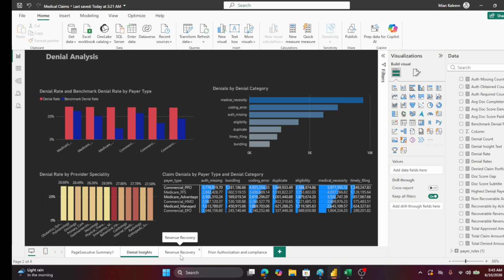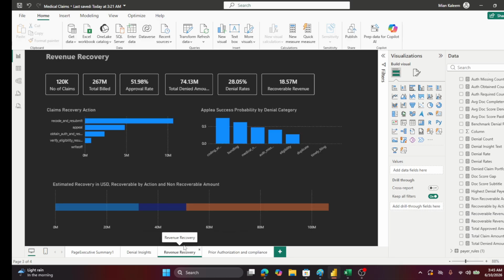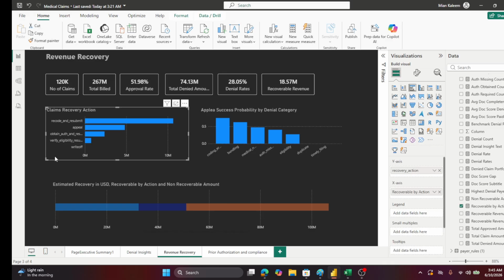Now the revenue recovery. In the revenue recovery, the total number of claims billed is 120, and we have the same KPIs as we discussed before. Claims recovery action. Basically these are recode and resubmit. These are recoverable claims by action.